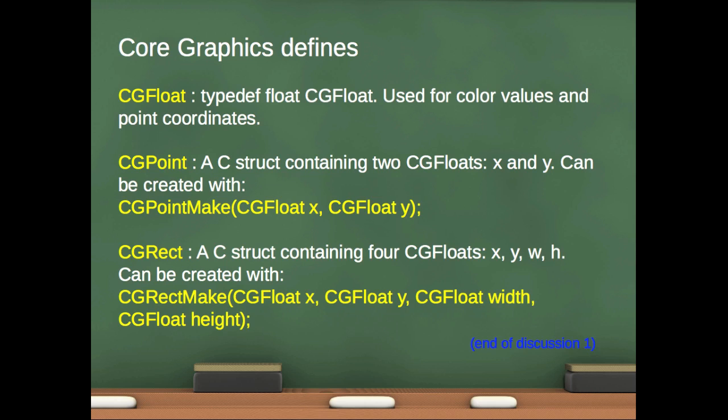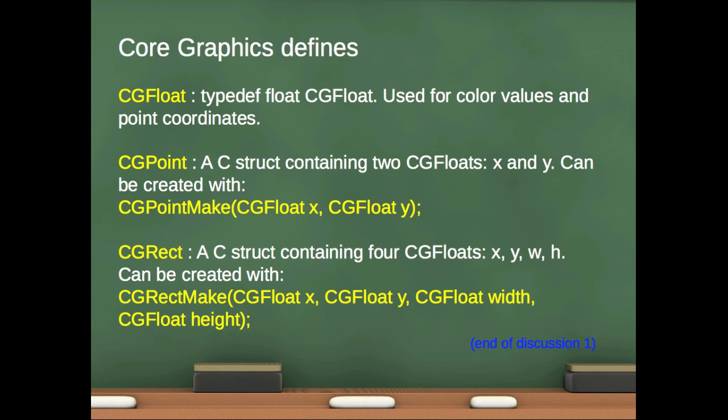You can get away with just using a float, but let's keep Core Graphics with that CG prefix. A CGPoint is really just a C struct that contains two CGFloats named x and y. We can create a new CGPoint by using CGPointMake with CGFloat x, CGFloat y. And this function, a C function, will return a new CGPoint structure.